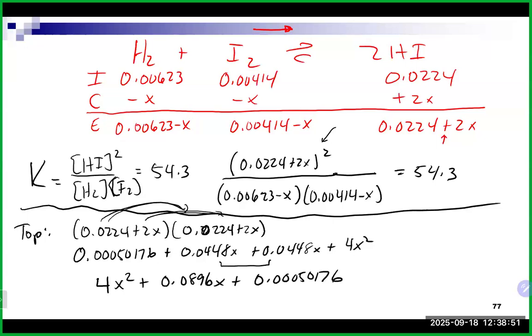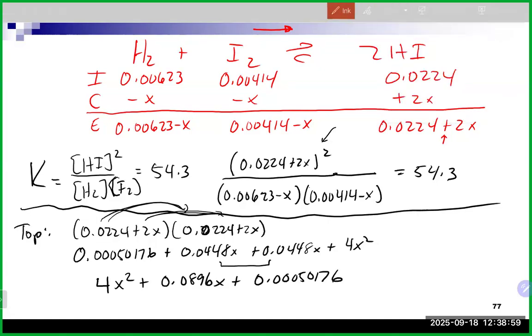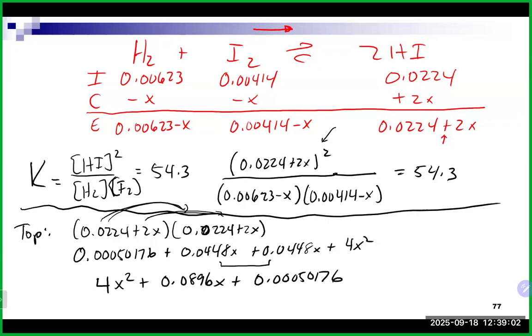I'm going to do the same thing for the bottom. So I'm going to flip a page here and factor out the bottom. The bottom we had 0.00623 minus x and 0.00414 minus x.